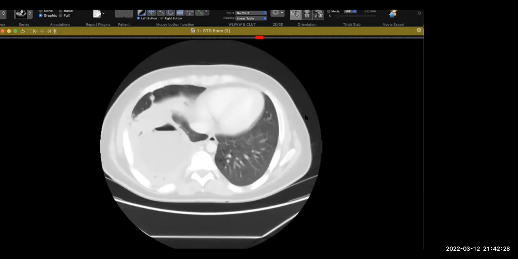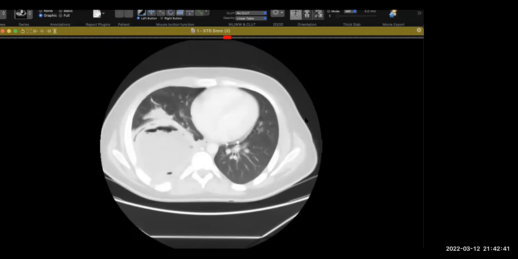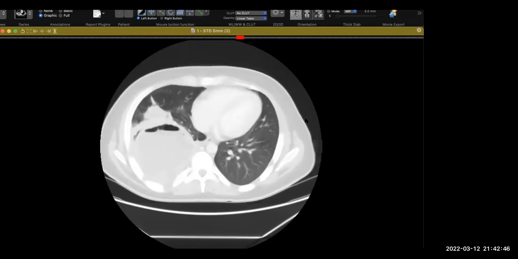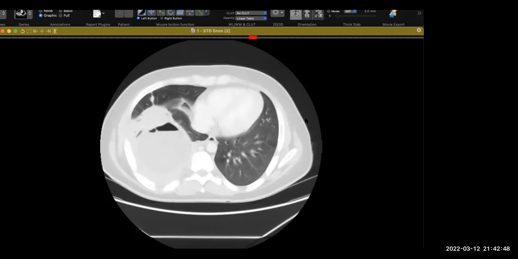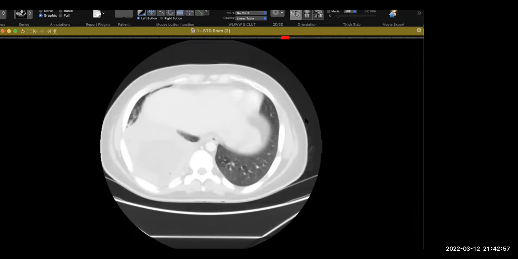One is either the empyema sac has communicated with any of the adjacent bronchi, in which case this will be a bronchopleural fistula, sorry, yeah. And the other, since the patient has a long history of fever, I'm also thinking of some necrotizing pneumonia with associated empyema on the right side.